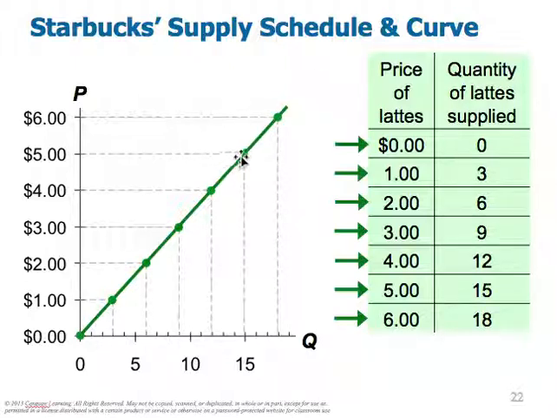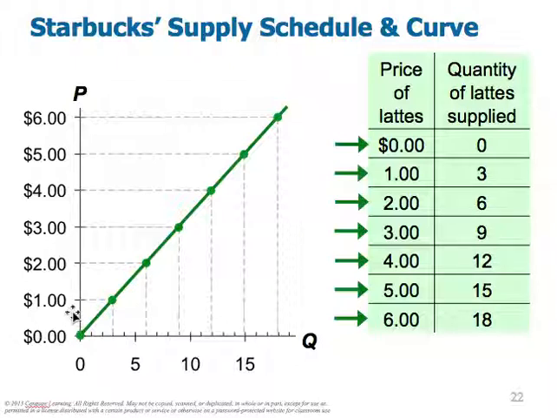If you take a single point here, this single point gives you quantity supplied equals 15. But if you take into account all different quantities supplied at all different prices, that gives you supply. So again, there is a difference between supply and quantity supplied.